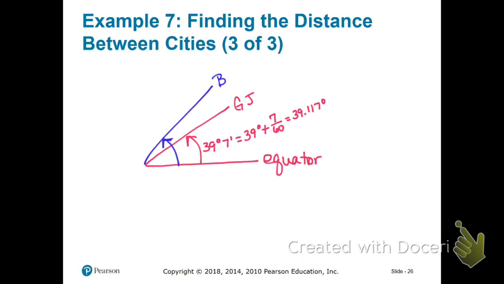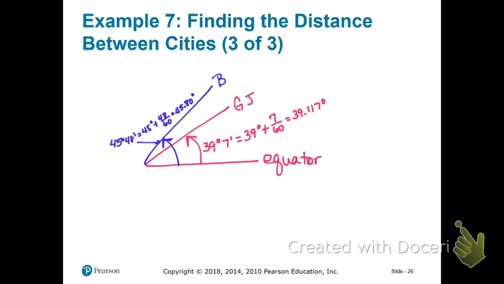So we know that that angle is 45 degrees. I'll get it right in just a minute, sorry. And 48 minutes, which means we need to change that to decimal degrees. So 45 degrees plus 48 minutes out of 60 total, which, when you put that in your calculator, you should get 45.80 degrees.